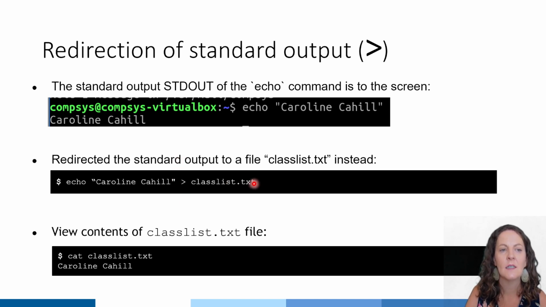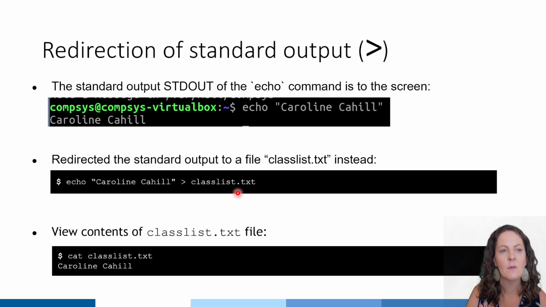If class list.txt contains 200 students that are about to graduate, and I do echo Caroline Cal with output redirected into class list, it will all be overwritten, wiped out, and now the file will only contain Caroline Cal.